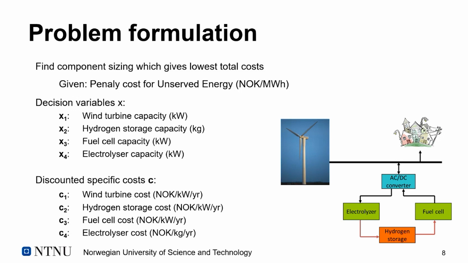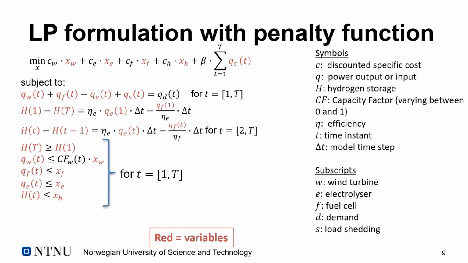So I have a set of decision variables, the capacities, and input parameters, specific cost, in addition to cost of non-served energy, and a scalable time series for wind power generation, and a time series for the demand. And the capacity expansion model then looks like this.